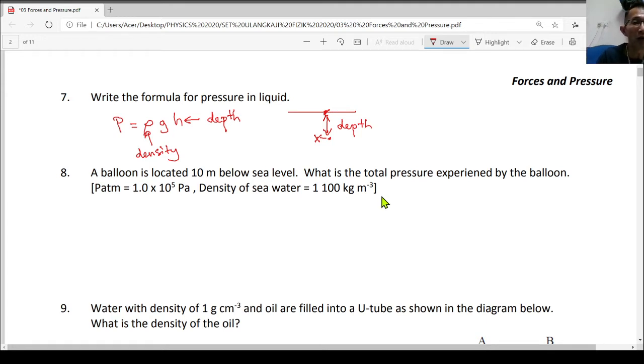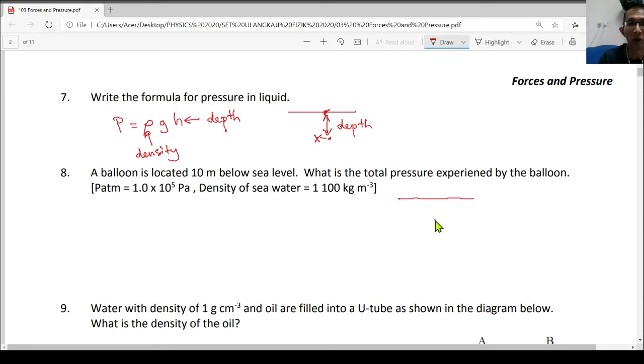A balloon is located 10 meters below sea level. What is the total pressure experienced by the balloon given that the atmospheric pressure is 1.0 times 10 to the power 5 Pascal and the density of seawater is 1100 kilogram per cubic meter. Okay, so I have here the surface of the water.